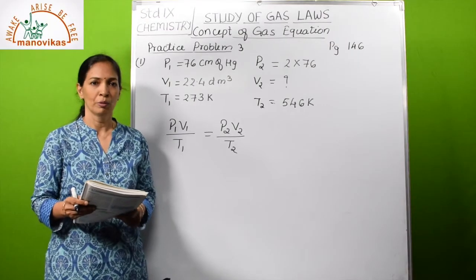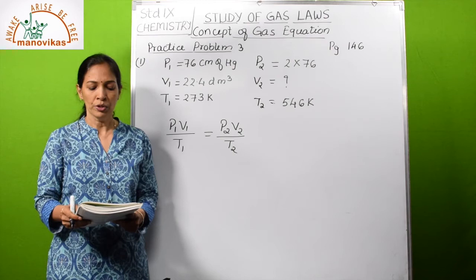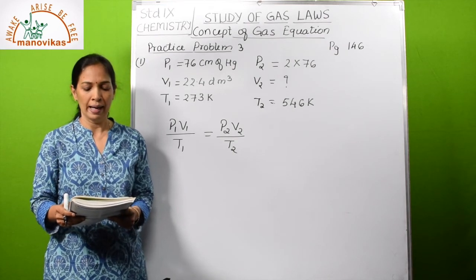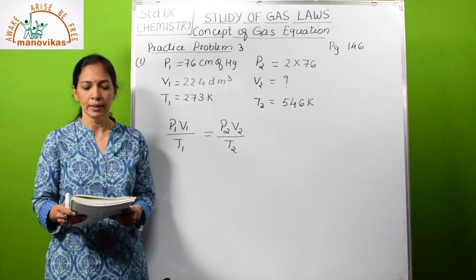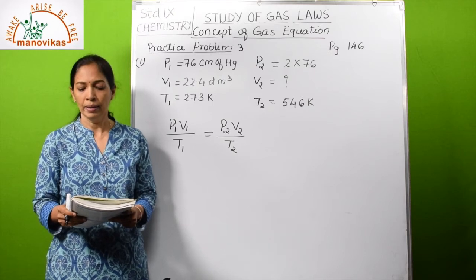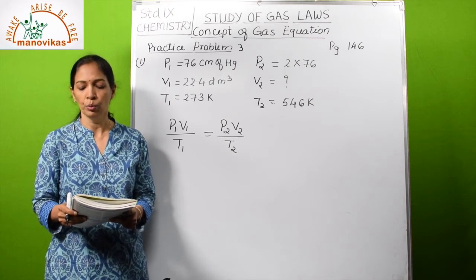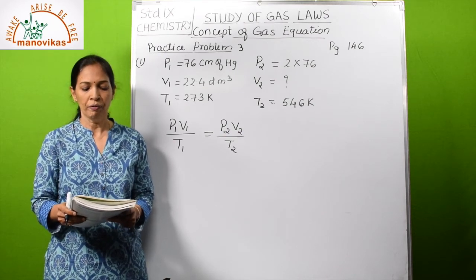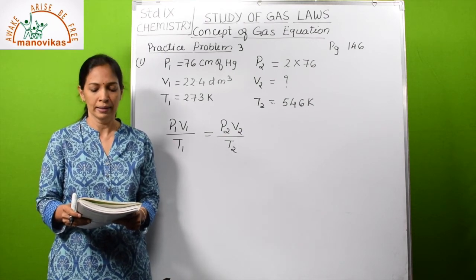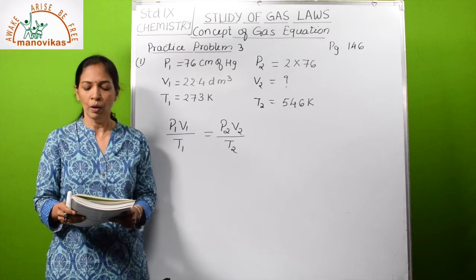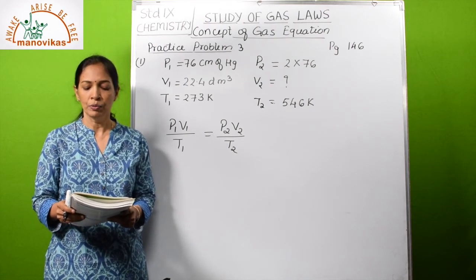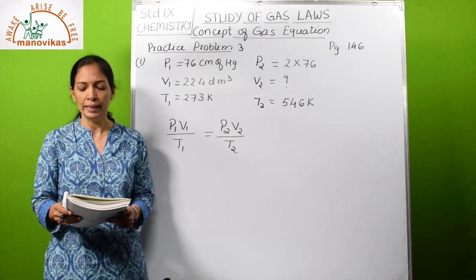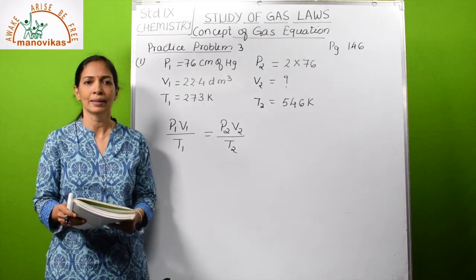Now practice problem 3. First one. The pressure on 1 mole of gas at STP is doubled and the temperature is raised to 546 K. What is the final volume of gas when 1 mole of gas occupies 22.4 decimeter cube at STP?